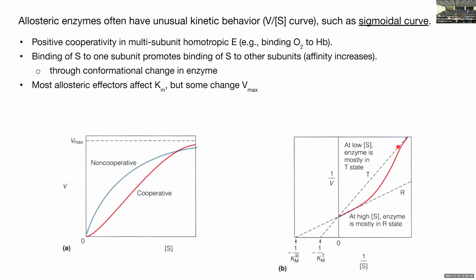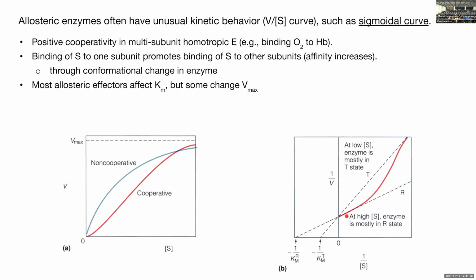Then once the concentration of the substrate increases, it changes from this inhibition mode to the more active mode, where it has a more flattened Lineweaver-Burk plot, where the Km value will change.